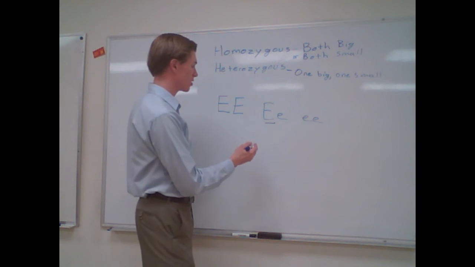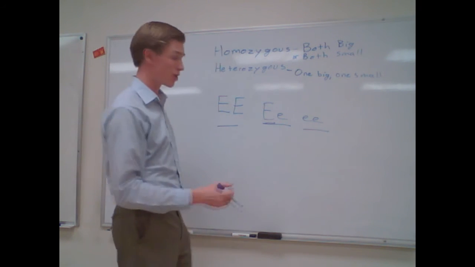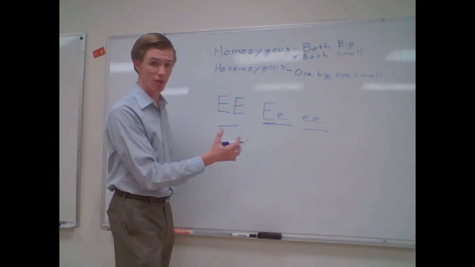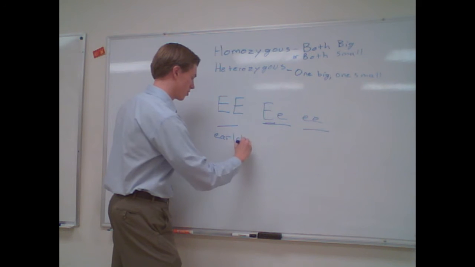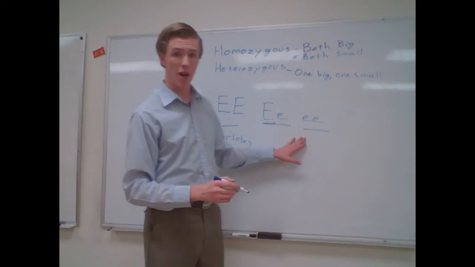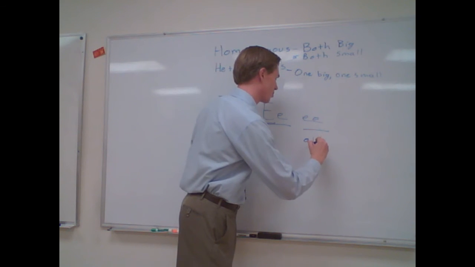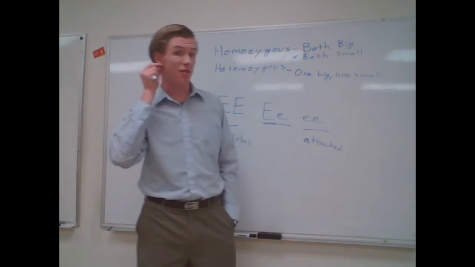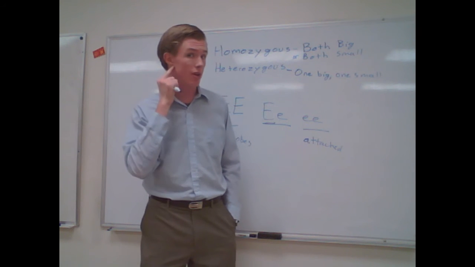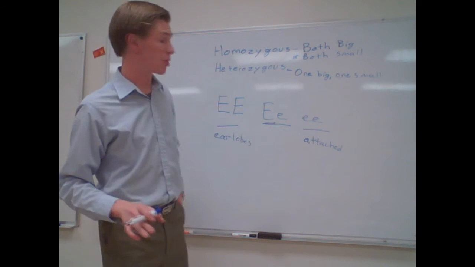So heterozygous, for the different traits, we know that if you have 2 giant big crazy people in the room, you get free earlobes. If you have 2 tiny quiet people that are like, yeah, we should be attached to the head, you get attached earlobes. And again, that means a free earlobe away from your head or attached to the side of your head. In the middle here, for some reason this confuses a lot of people.